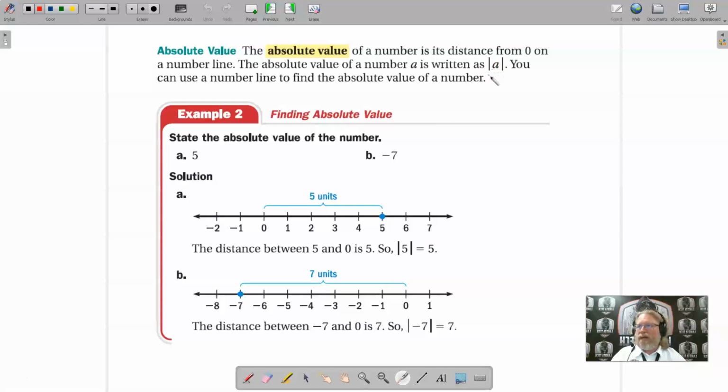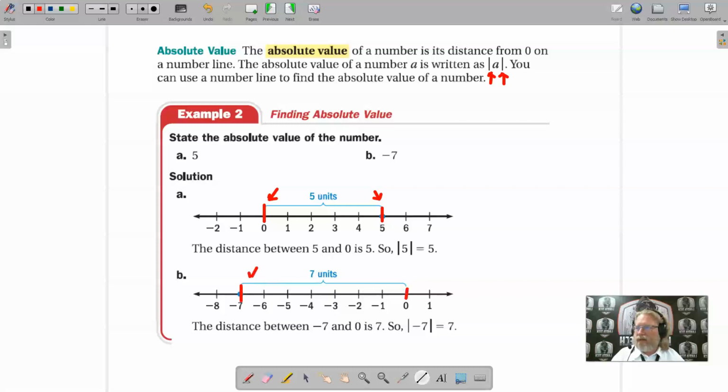So let's talk about my memory device for this to try to teach the notation. Now, if you look at this, this is 0, and here's 5. Well, you've got the distance from here to here. Or likewise, for -7, you've got this here, and here's 0.